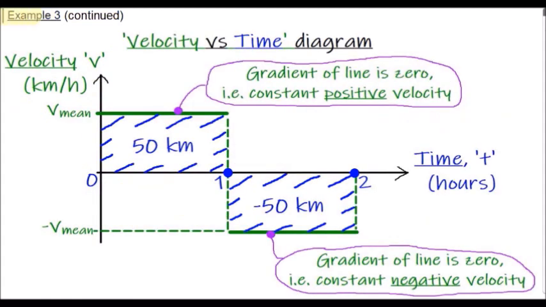Example 3 continued. Here's our velocity time diagram. So now we have velocity, symbol V, plotted on the vertical axis in kilometres per hour, and again time t on the horizontal axis.